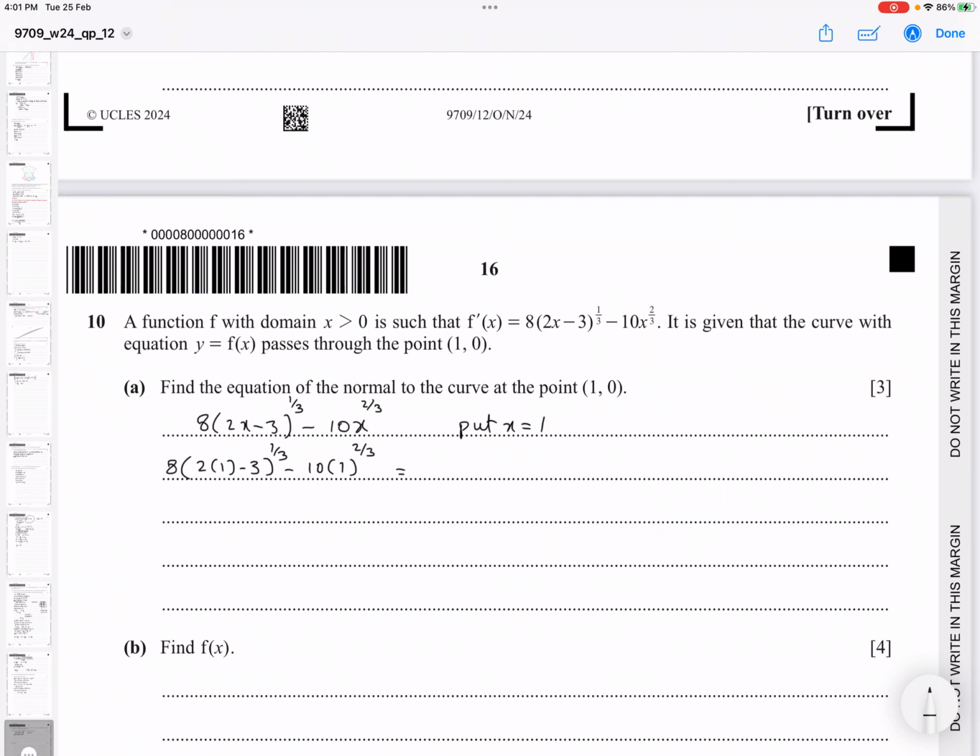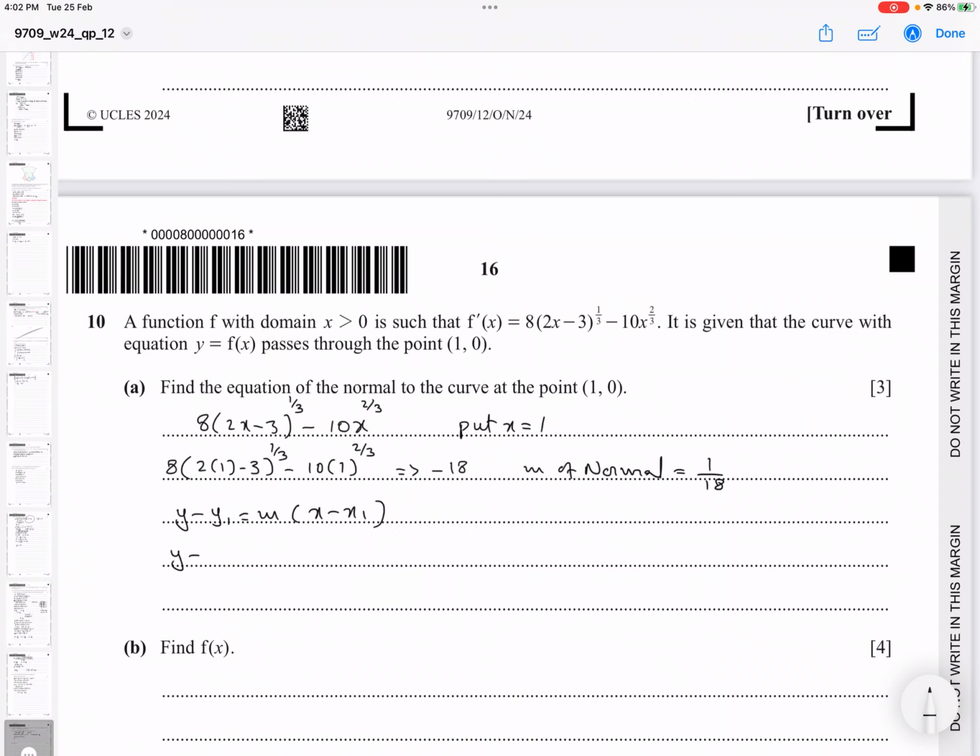You simplify this, you will get minus 18. So m of normal would be equal to positive 1 over 18, the reciprocal of the gradient of the tangent. So y minus y1 equals m into (x minus x1).